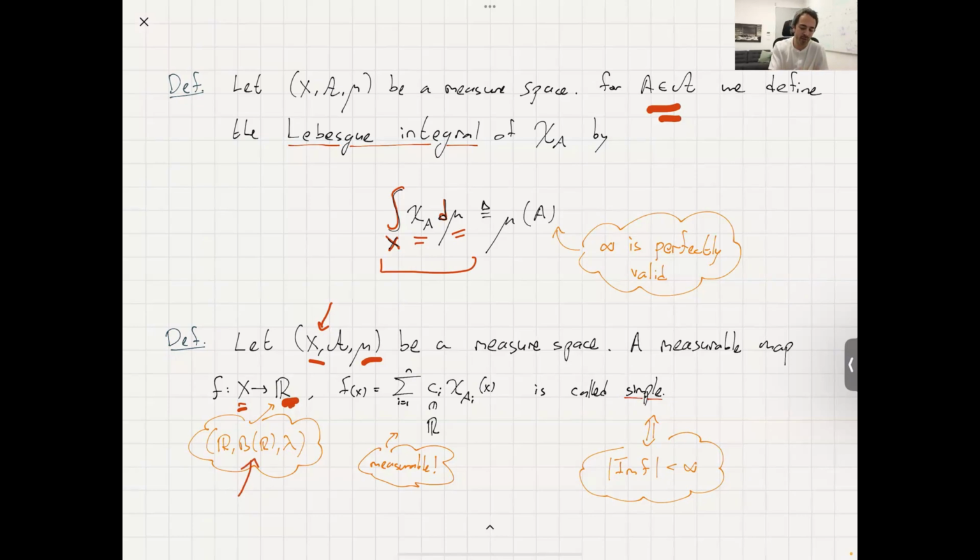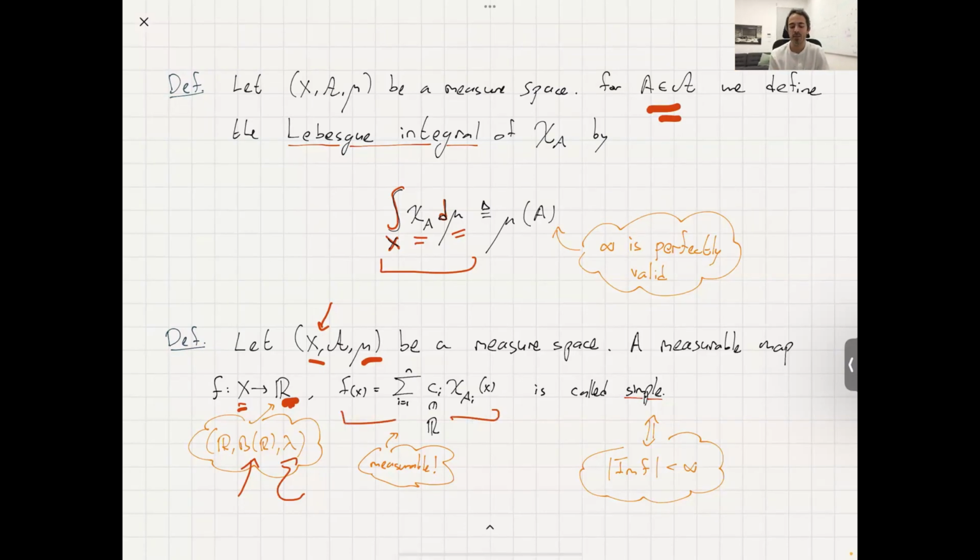And let me throw in the fact that we are looking at this measure, but it's not important at this point, the Lebesgue measure. So a measurable map is called simple essentially if its image is finite, okay? But you can actually be slightly more explicit about it and say that equivalently you can write it like that.